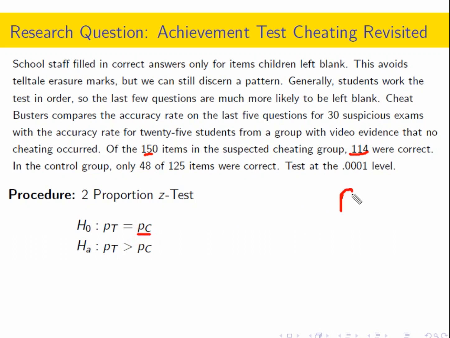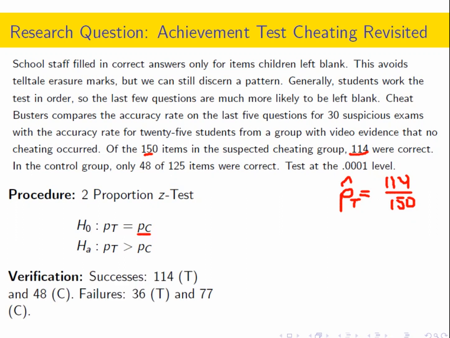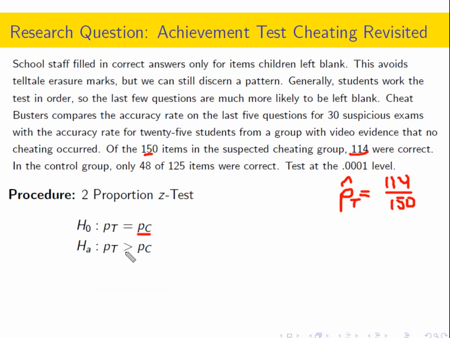And so then the p-hat for the suspicious test group is 114 over 150. So the alternative hypothesis is that the proportion of correct answers in the test group was higher than that in the control group.